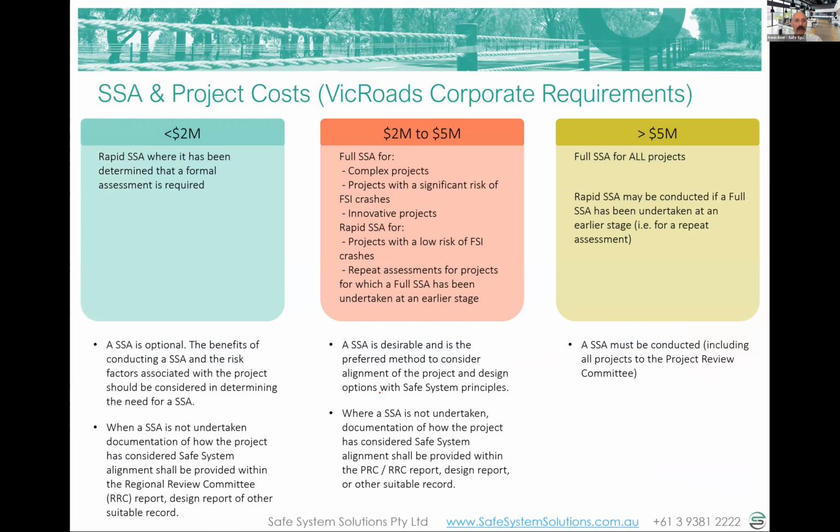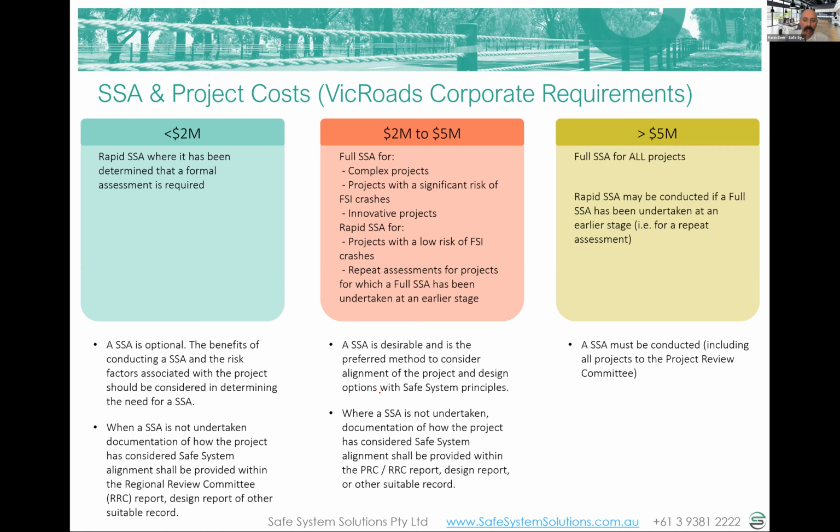Victoria went with this sort of model of, okay, well, let's work it out by infrastructure investment size, and the current policy says less than $2 million, a rapid safe system assessment can be done where it's determined that a formal assessment is required, and there's not really any specifics around how to make that assessment.